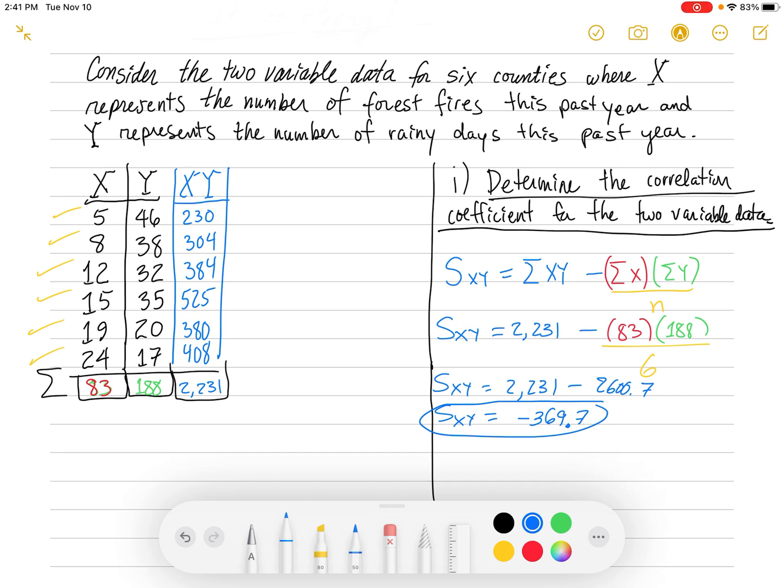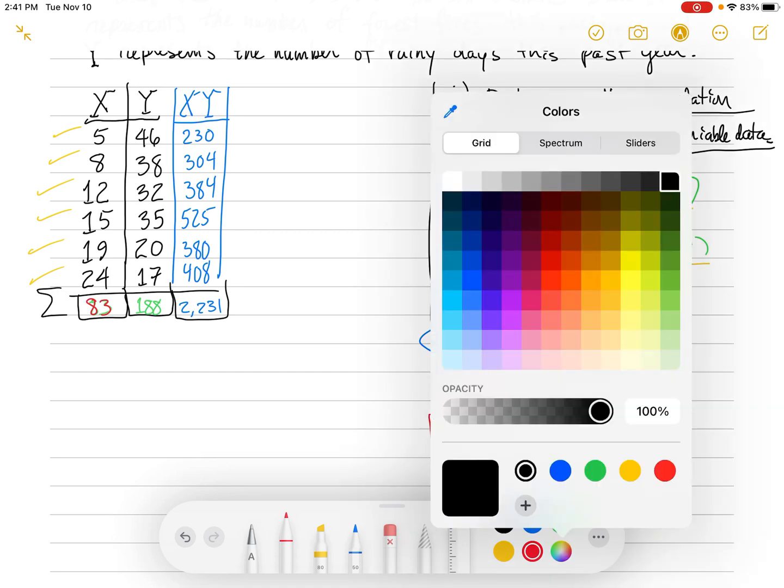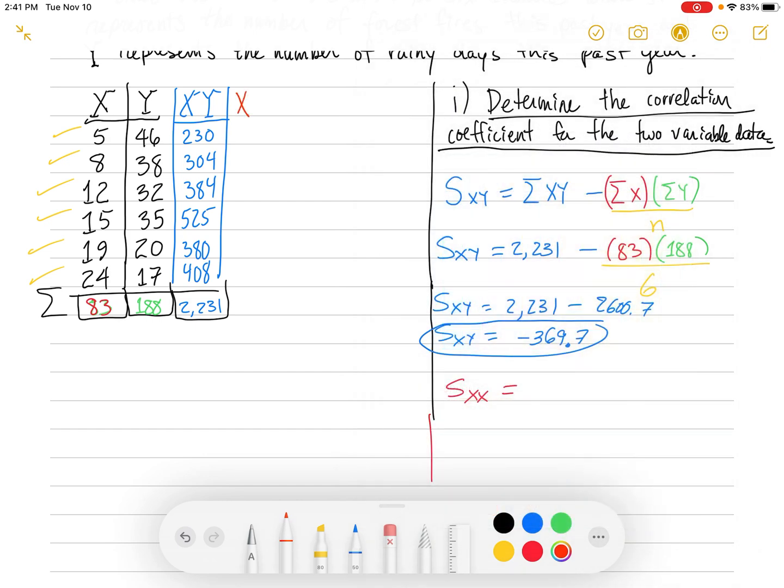Okay, so the next thing I'm going to find is the SXX. To find the SXX, I'm going to need to create an x squared column. Remember, the formula is the x squareds added up minus the sum of the x's squared divided by n.